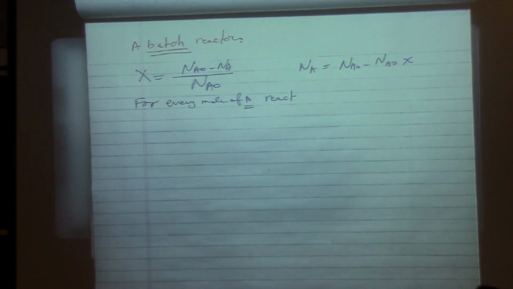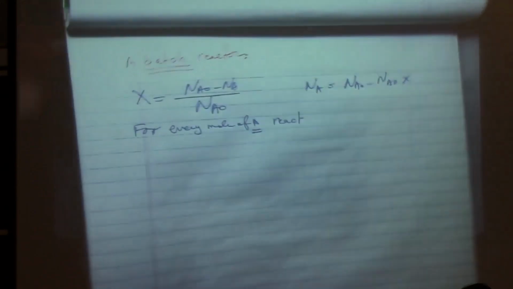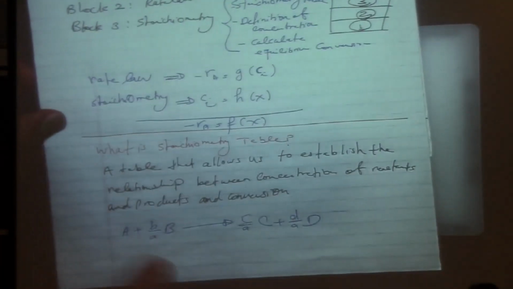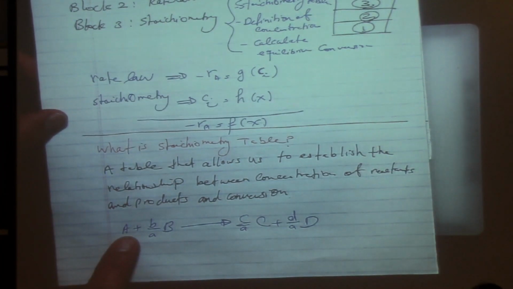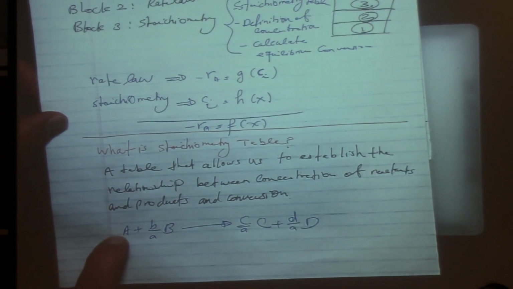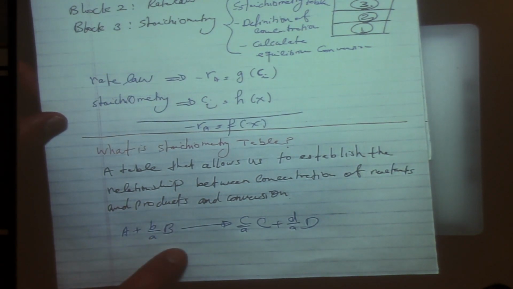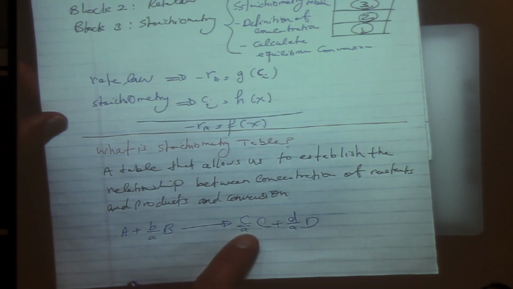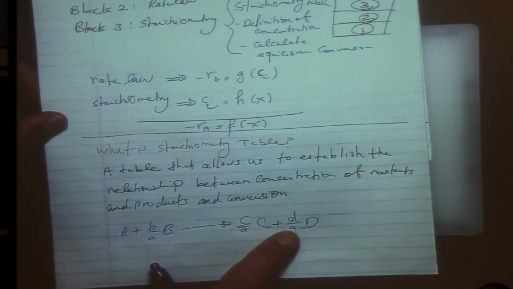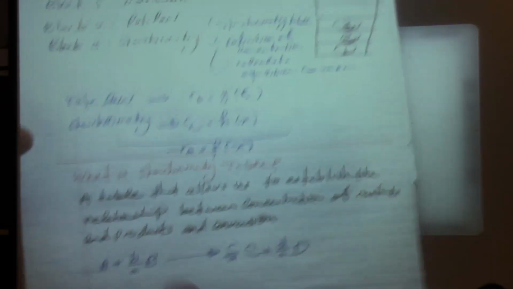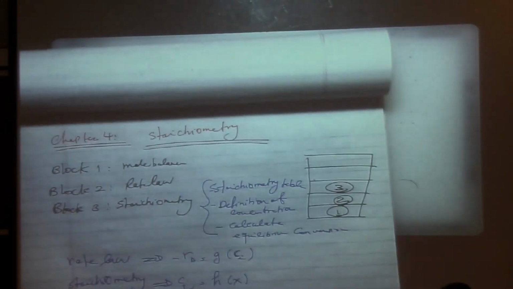Just look at this. For every single mole of A that you use, the stoichiometry shows that b/a moles of B are consumed, c/a moles of C are produced, and d/a moles of D are produced. Okay? So this is what we are going to do for each of them.